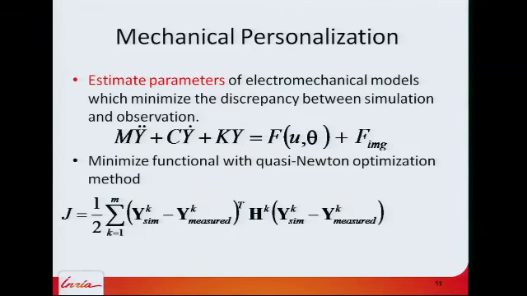Okay, now once we've done this, we have an idea of how the heart beats in the images. The question is now, can we estimate the mechanical parameters, the contractility, stiffness, such that they correspond to those observations? So in this case, we no longer use the image forces, but we want to find a new set of parameters, theta star, such that we minimize the functional, which is the discrepancy between the measured, or estimated I should say, displacement and the one that has been simulated.